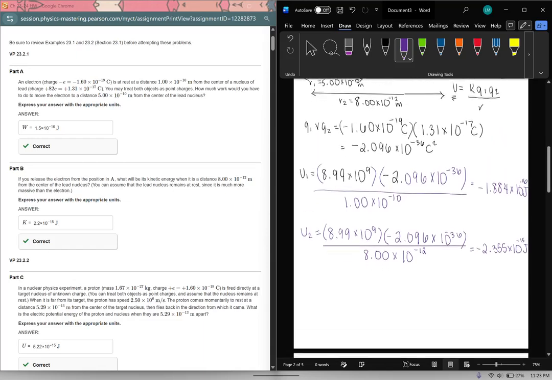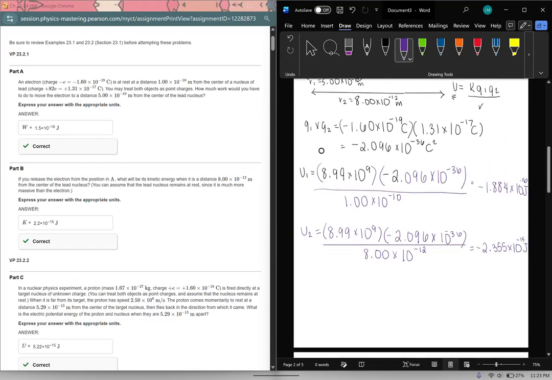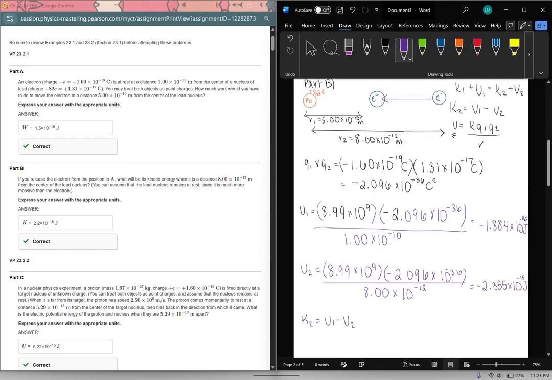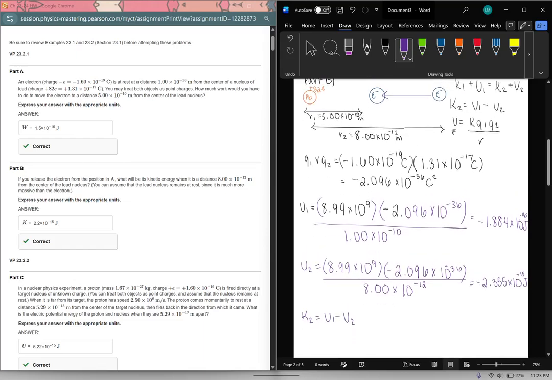Okay, so once we got that, we're going to do the final, which is finding the final kinetic energy, K2, and that's going to be U1 minus U2, the initial potential minus the final potential, which we wrote up here.